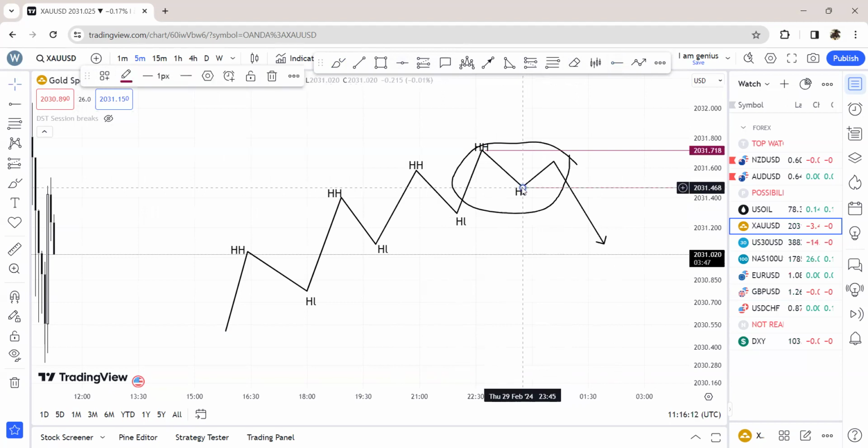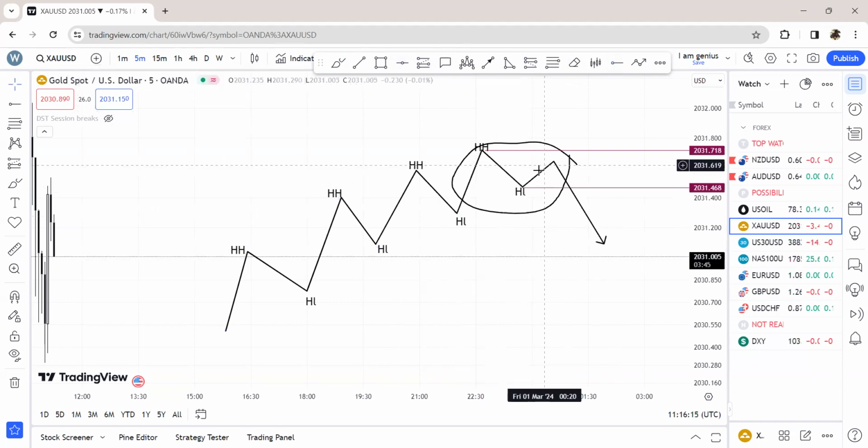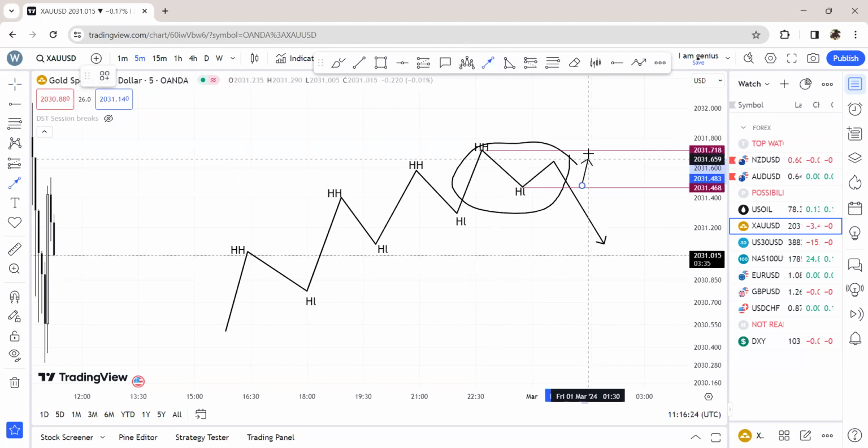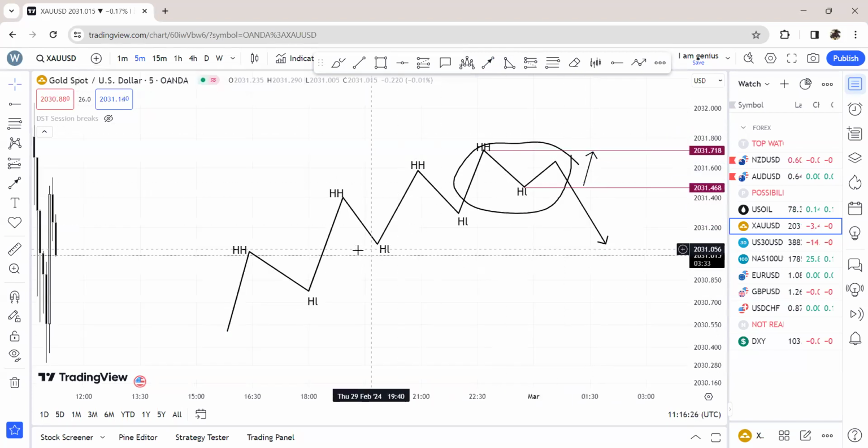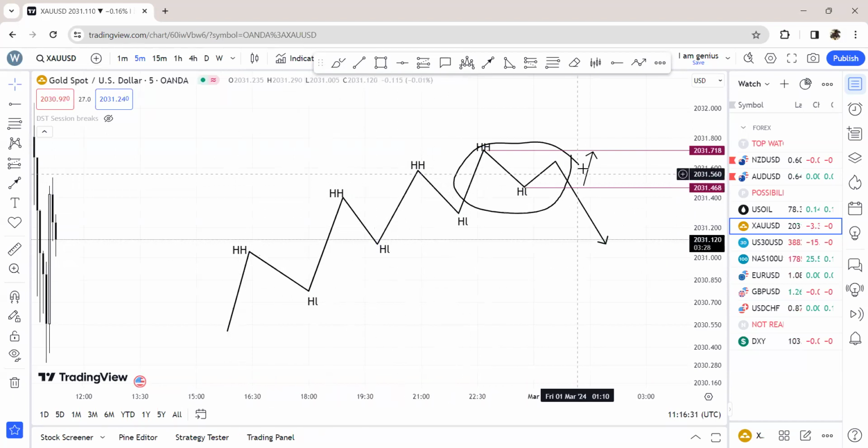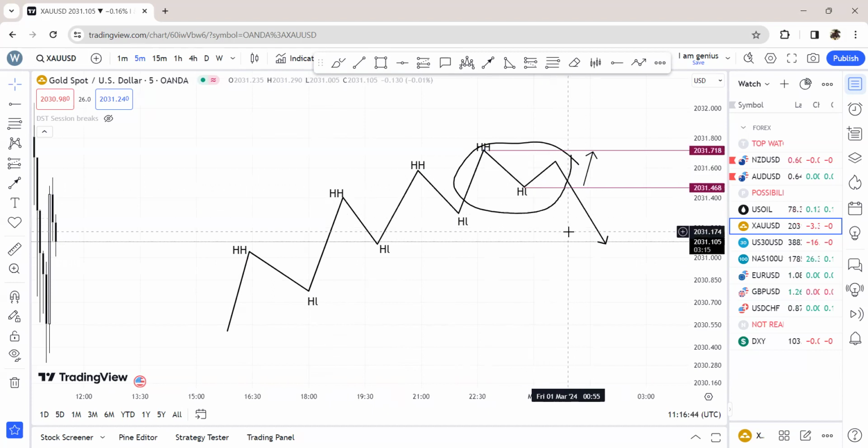Since the market has failed to break past that level, even if this other side is showing that we are in an uptrend, the fact that the market has failed to go past this red line where the arrow is pointing means that we have shifted. There's a market shift. Hence, you're only supposed to look for shorts instead of longs.